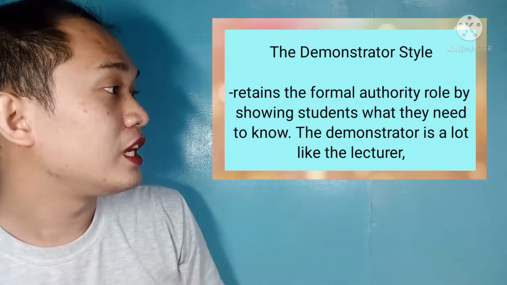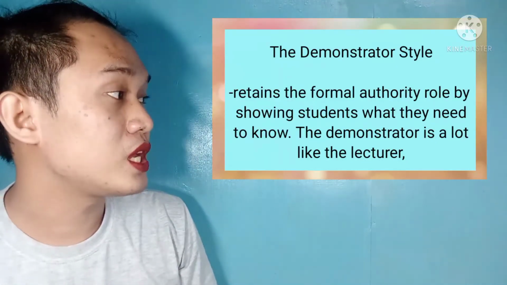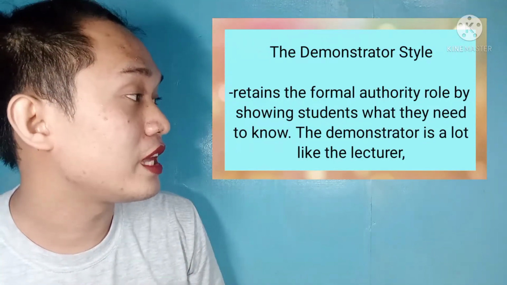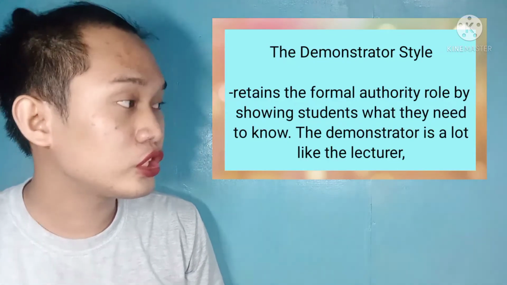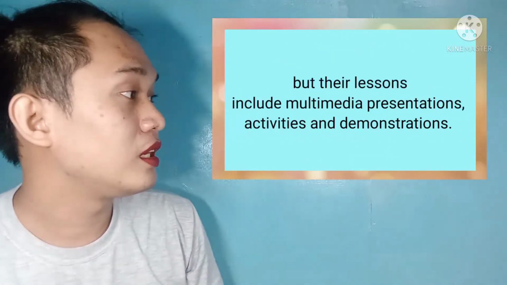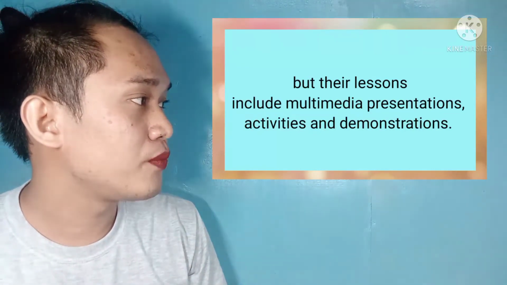Next is the demonstrator style, and this is the meaning. The demonstrator retains the formal authority role by showing students what they need to know. The demonstrator is a lot like the lecturer, but their lessons include multimedia presentations, activities, and demonstrations.